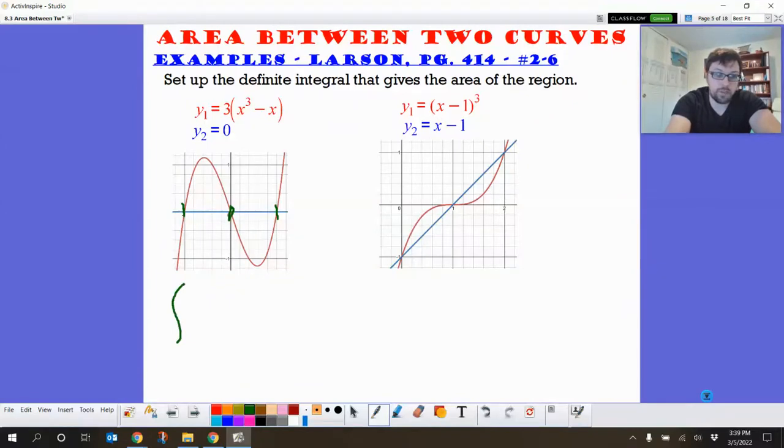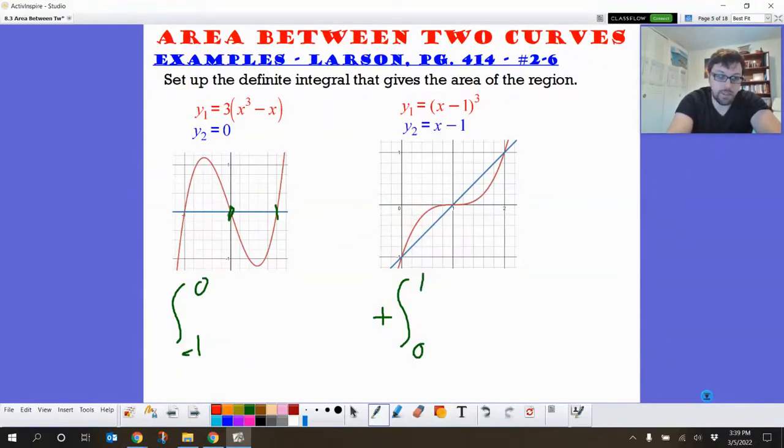So our first integral is going to be in that first area where the two are meeting. I believe that's at -1. So I'm going from -1 to 0, and then we'll have a second integral, and we'll add the two together, going from 0 to 1.